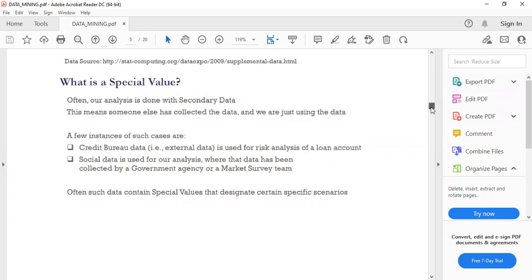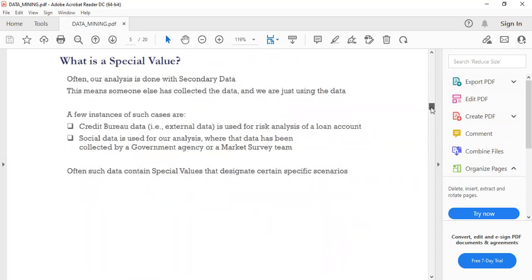Just remember, when we talk about business analytics and then the statistical part, we talk about different types of data.